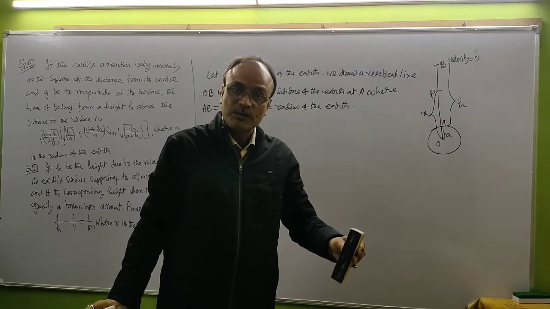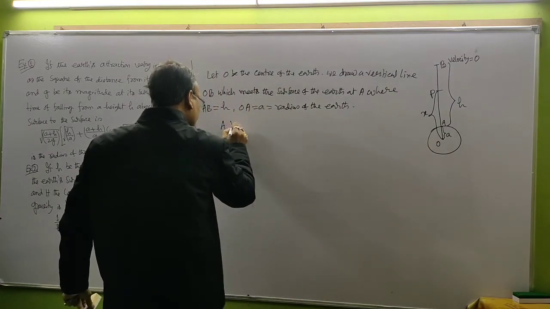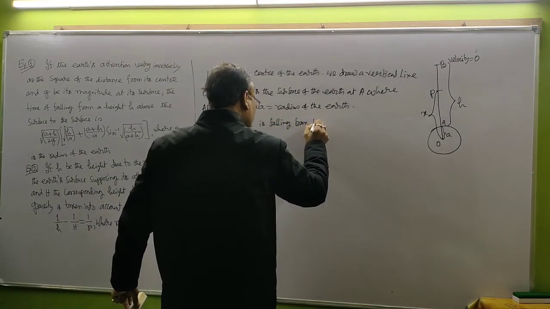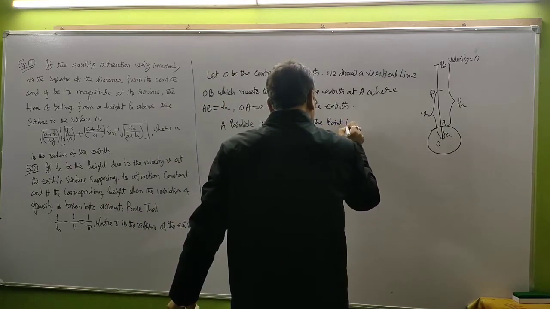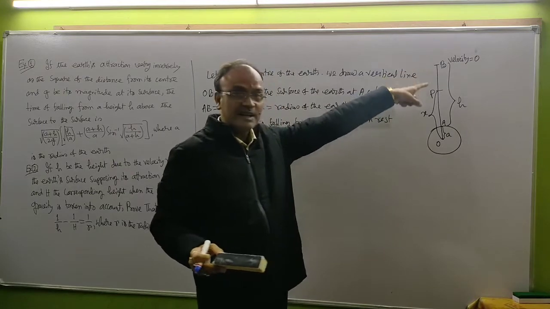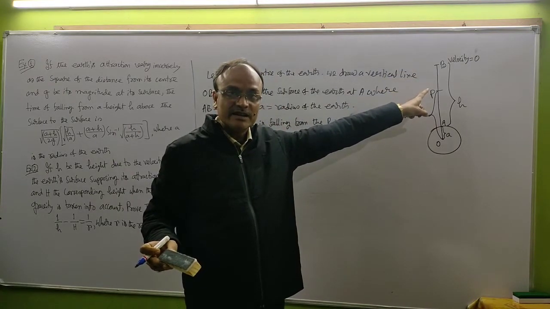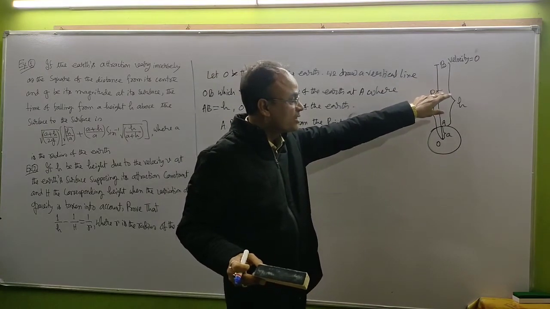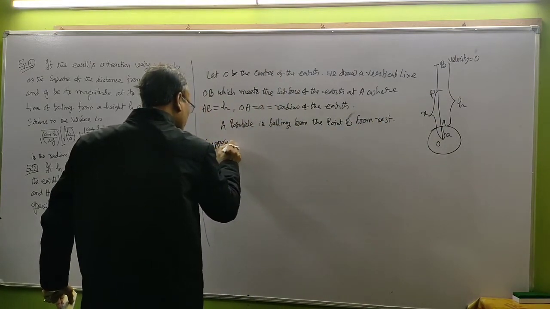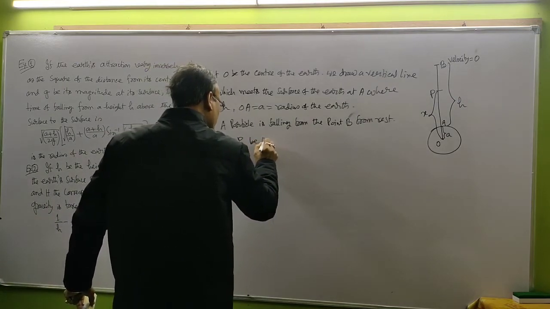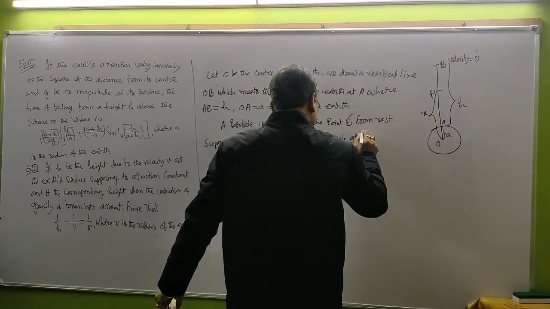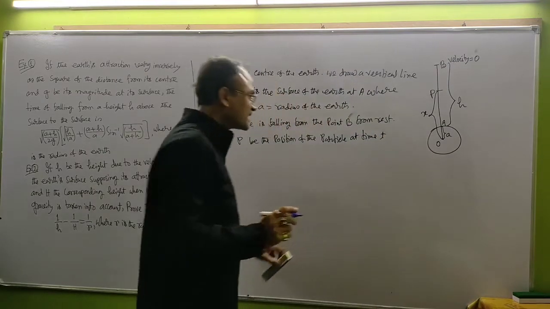A particle is falling from rest from the point B. Suppose at time t the position of the particle is at P. Suppose P is the position of the particle at time t, where OP equals small x.